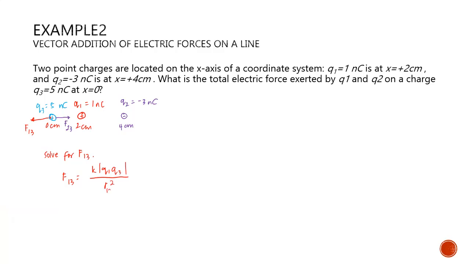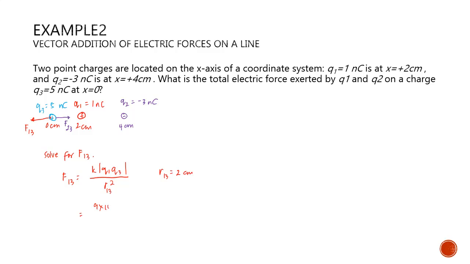The separation distance must be between 1 and 3, so that's between 0 and 2 cm. So r sub 1,3 is 2 cm. Plug in the values.